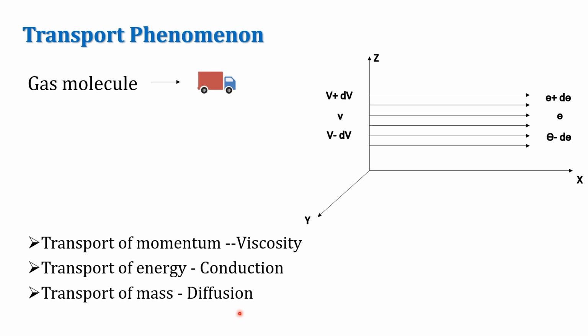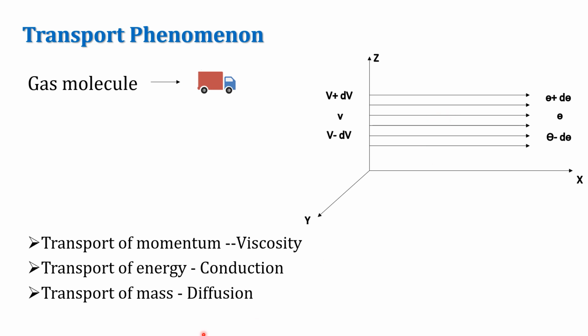In the third case, diffusion of gas, if the molecular density or concentration of gas is not the same throughout the region, the uppermost region has higher concentration in comparison with the lowest region of gas, and due to difference in the concentration between the different layers, a concentration gradient is established, and the mass of gas can diffuse from higher concentration to lower concentration, so as to bring the equilibrium state.